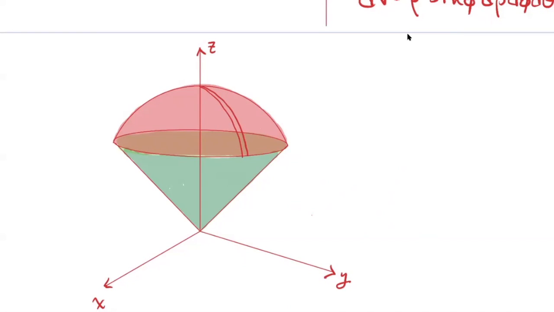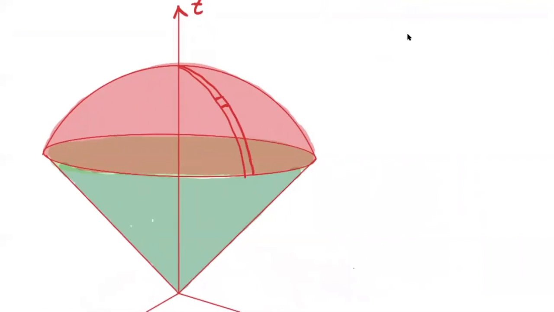Then I pick some little patch on here, and that's going to get special treatment in a sec. Maybe I'll draw some lines down to the origin for this little piece here, like this. That's good.